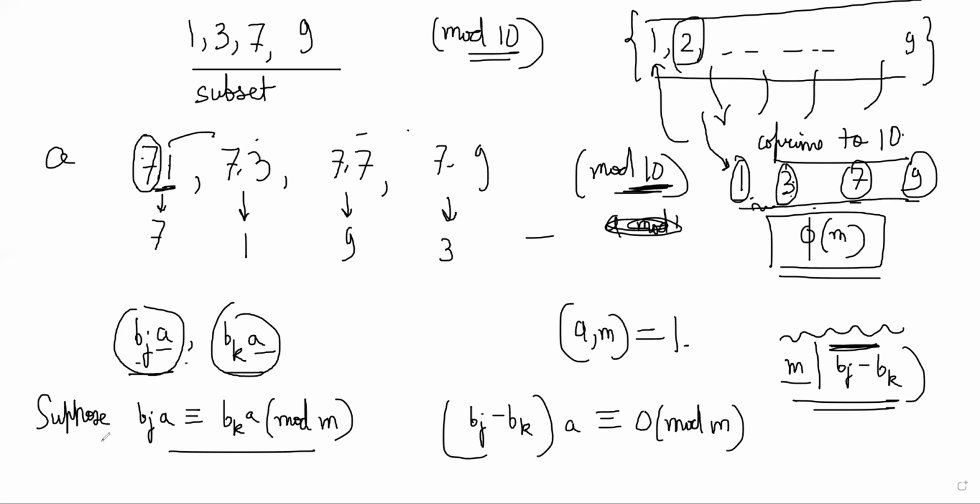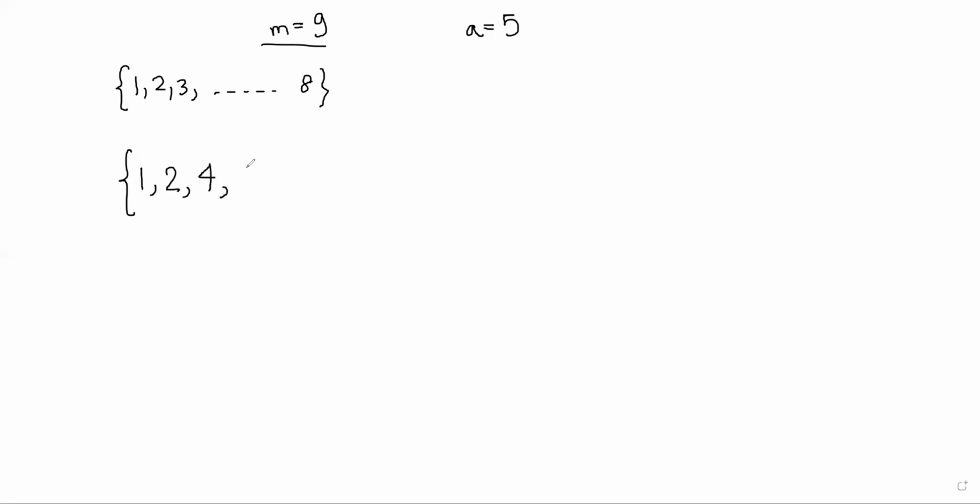Let's take another example. Let M be 9 and A be 5. The full set of remainders is 1, 2, 3 till 8. The set of remainders that we will be using is 1, 2, 4, 5, 7, 8.